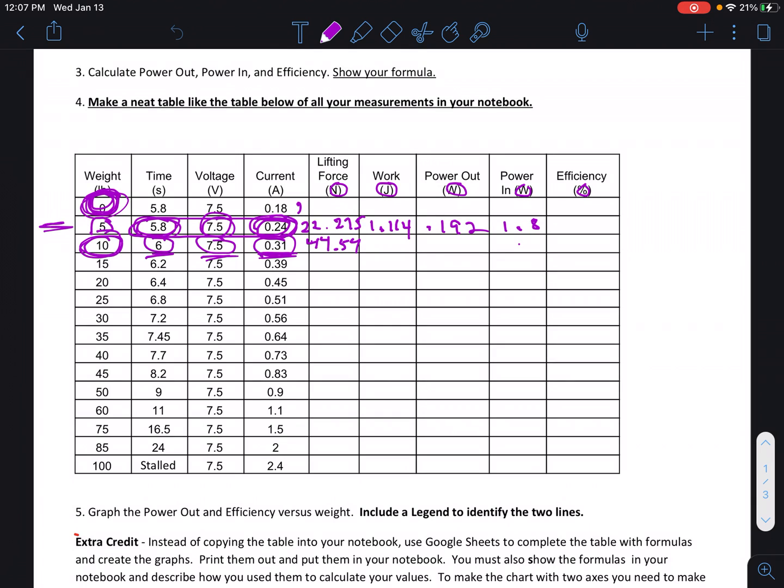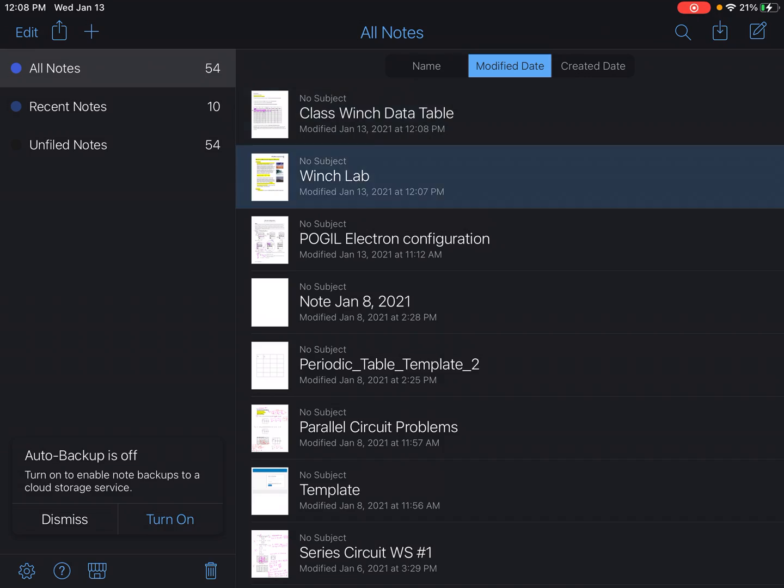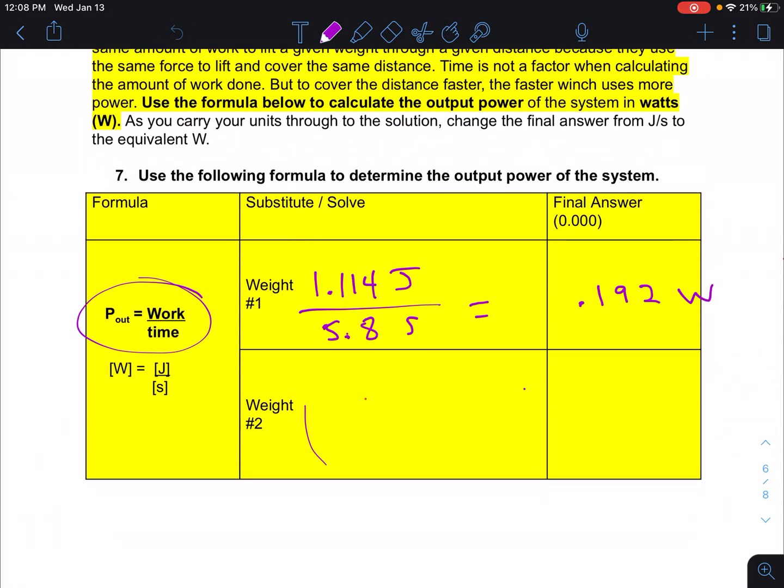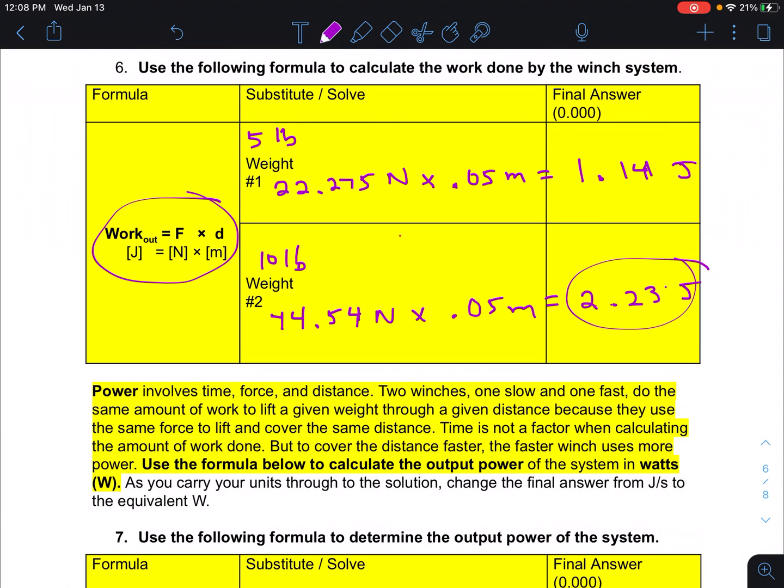The amount of work is 2.23. And let's now calculate the power out. This is mechanical power that was done by the winch. We just calculated that up above here, 2.23.